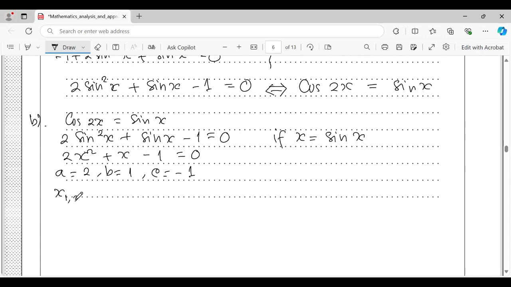So x1 and x2 equal minus 1 plus or minus the square root of 1 squared minus 4 multiplied by 2 multiplied by minus 1, over 2 multiplied by 2. That is minus 1 plus or minus the square root of 1 plus 8, which is 9, over 4.